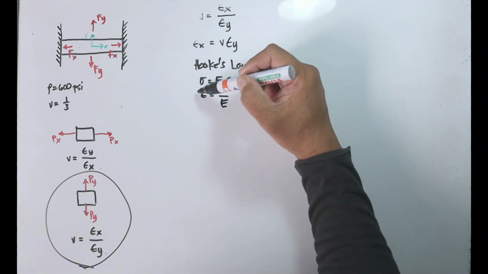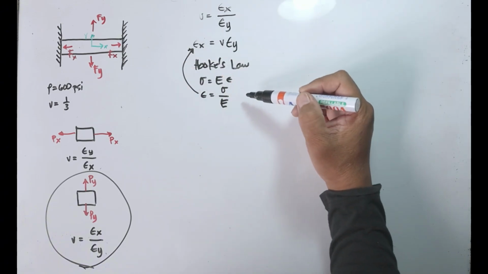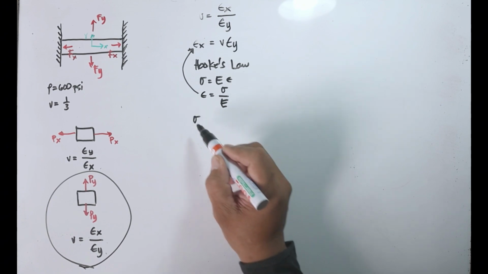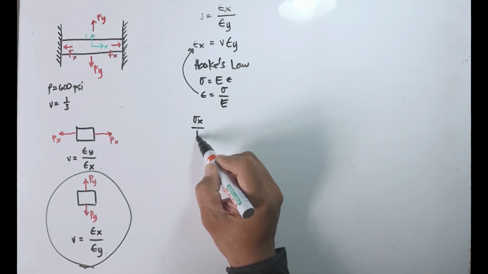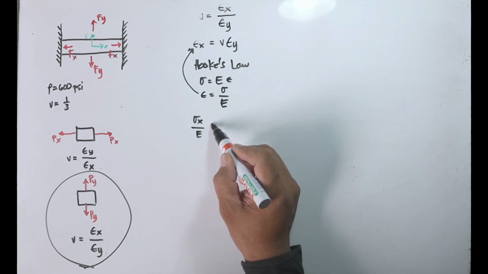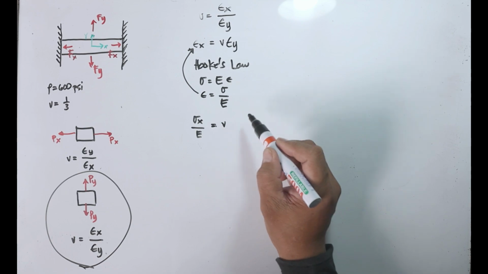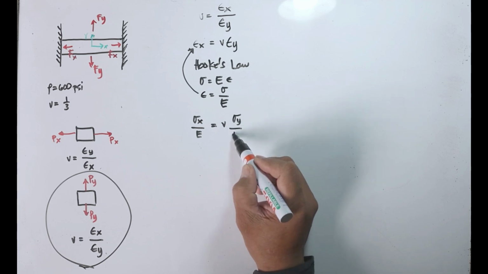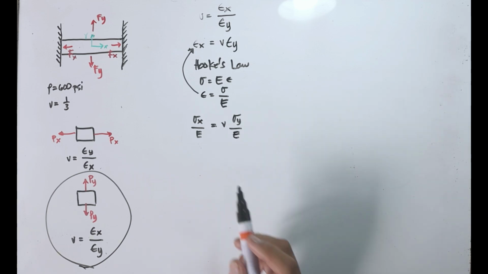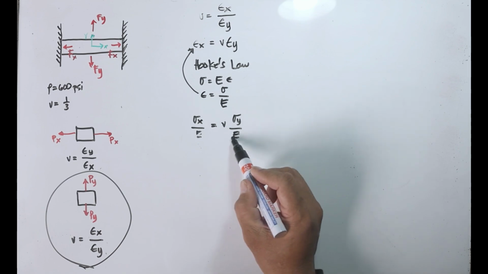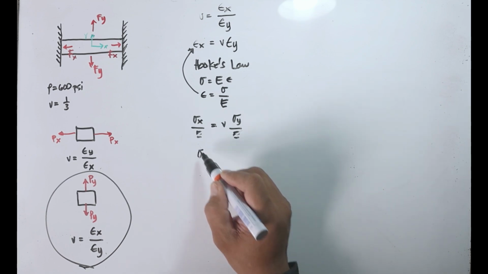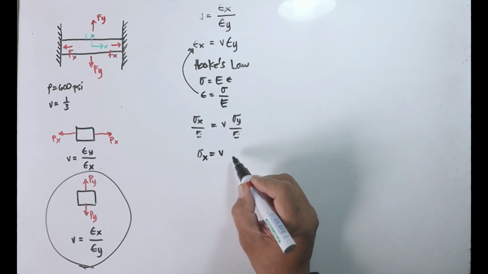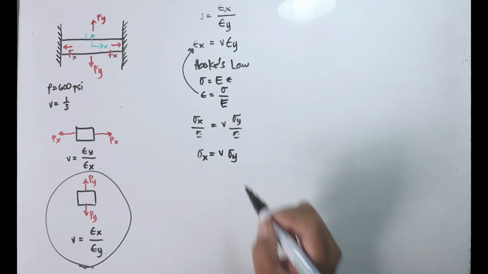Okay, so if we are going to substitute this one here, then we have stress along x over modulus of elasticity equals Poisson's ratio times stress along y over modulus of elasticity. So from here, we can cancel out the modulus of elasticity. We only have the stress along x equals Poisson's ratio times the stress along y.